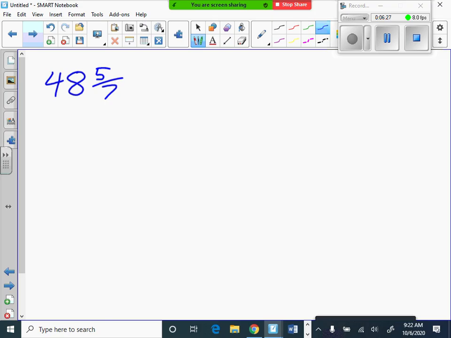Because 5/7 is greater than 1/2, so this could become 49. But I also like the idea, here we got 48 and 5/7. If we wanted to round to the tens place, maybe it would be 50. It kind of depends on what our ultimate goal is. Fair enough?